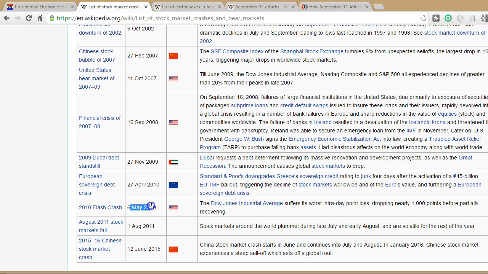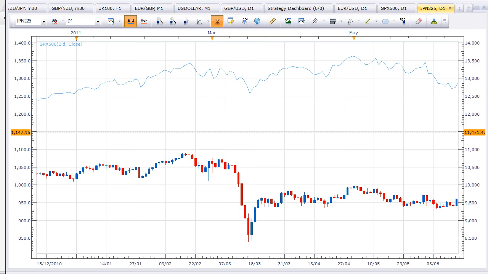So actually it was the year before. So nothing going on in the US stock markets. So again, this fall in the S&P 500 then could indeed be said to be motivated by something else.